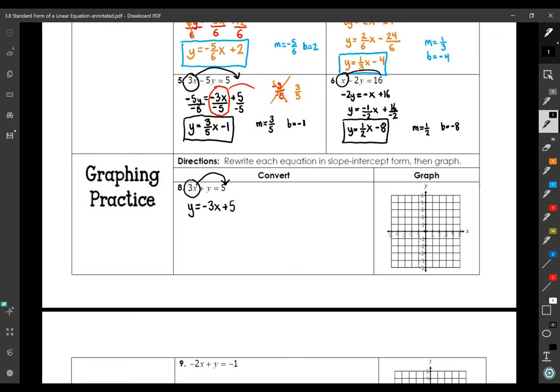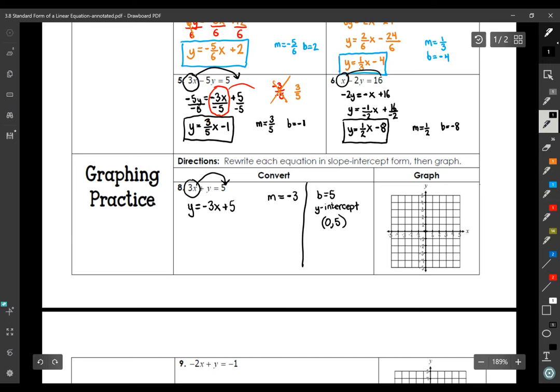Okay, so from our equation, our slope is negative 3 and our y-intercept is positive 5. Okay, so we need to remember that y-intercept tells us where to put our first point. Our first point will go at (0, 5), okay?